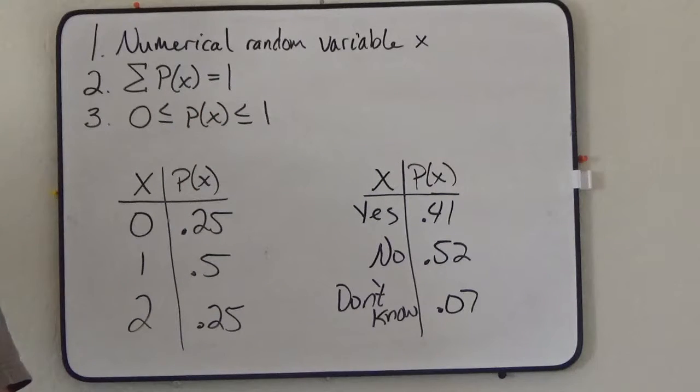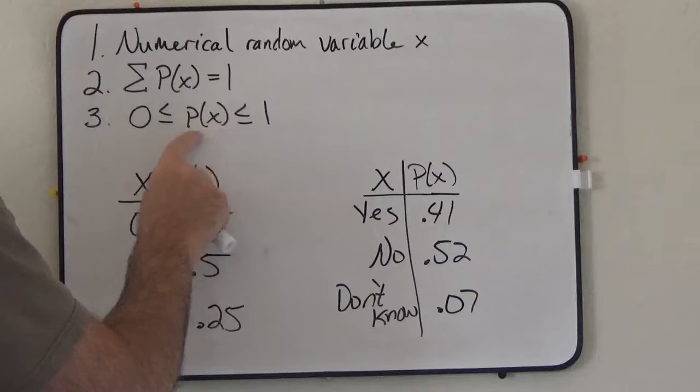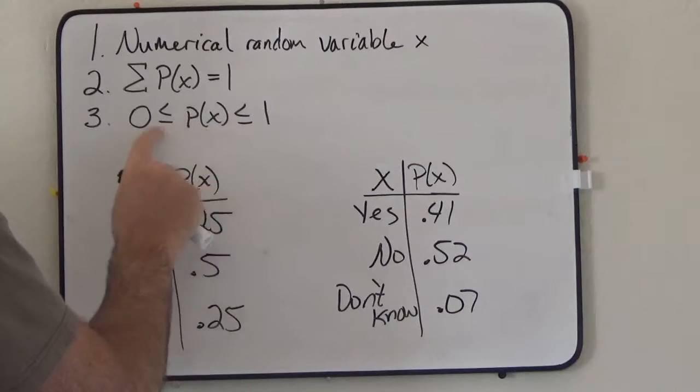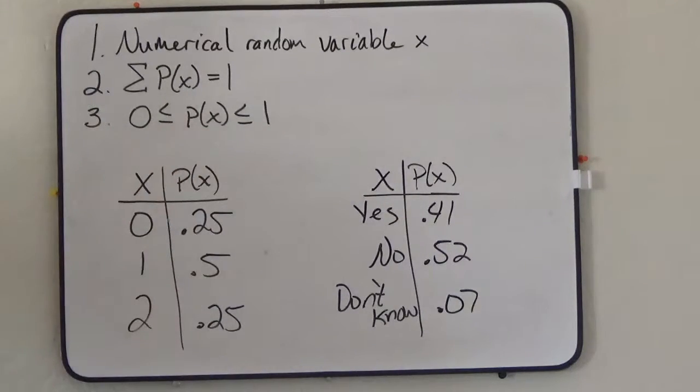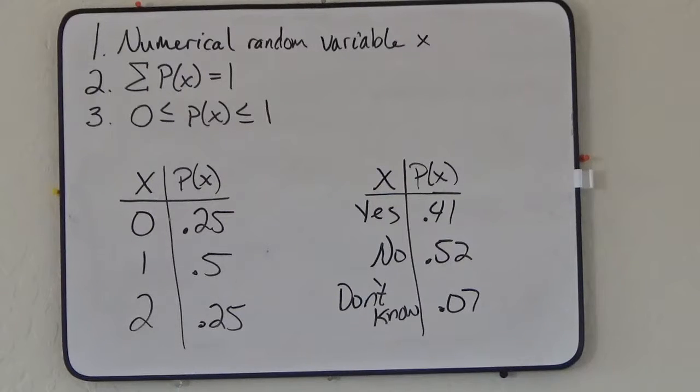And then lastly, all the probabilities have to be between 0 and 1. In other words, they're decimals, okay? They have to be between 0 and 1. Notice that those are less than or equal to symbols, which means it can equal 0 and it can equal 1, and it's just fine. Okay, so those are the requirements in order for it to be probability distribution.